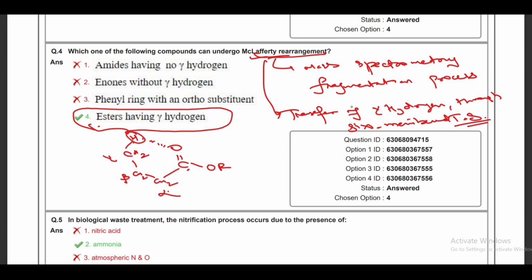It will be transferred to this oxygen atom, and there will be a transition state of 6 members. You can see this transition state involves a total of 6 members: these 3 carbons, this carbon, oxygen and hydrogen. So esters having gamma hydrogens can undergo McLafferty rearrangement. So the fourth option is the correct answer in this question.